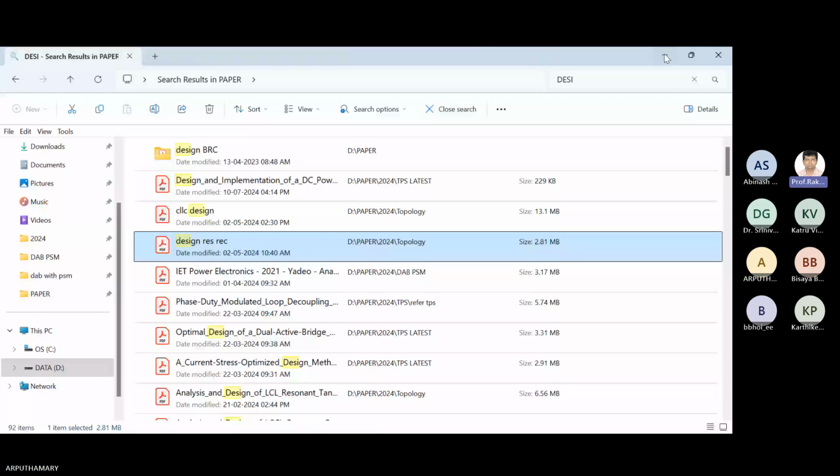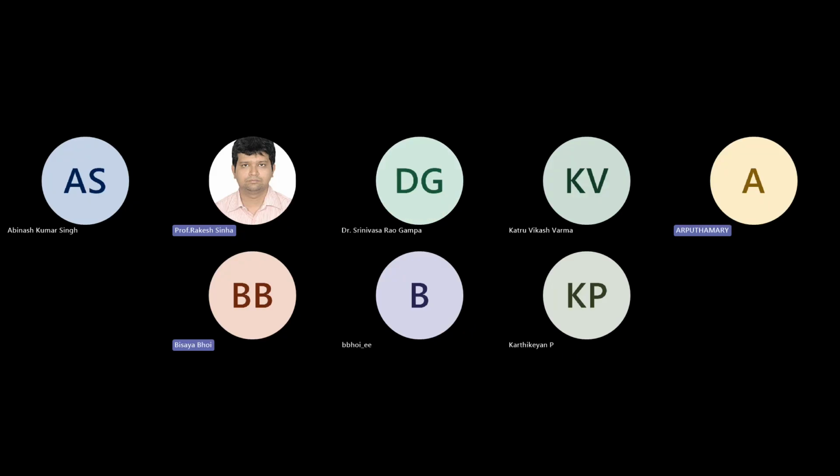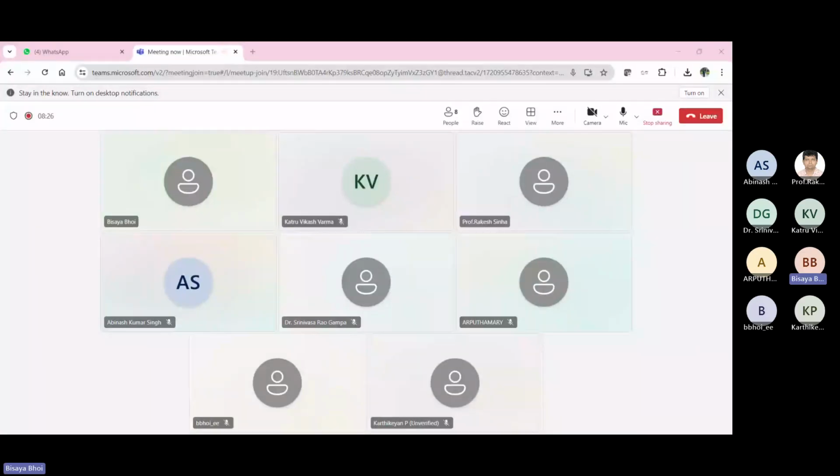580. Single phase bidirectional wireless power transfer architecture. Sir, yes. Now it is visible. Your screen is visible, but you have not opened your slide, I hope.